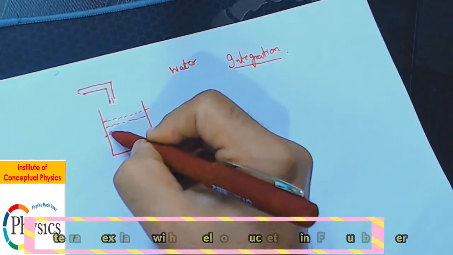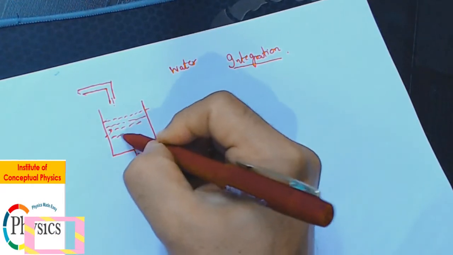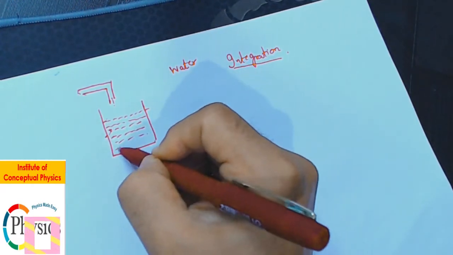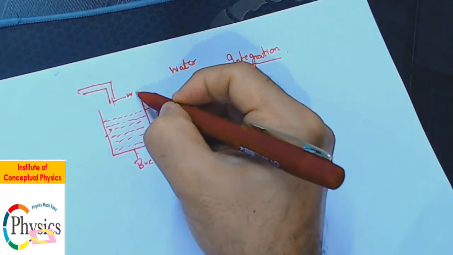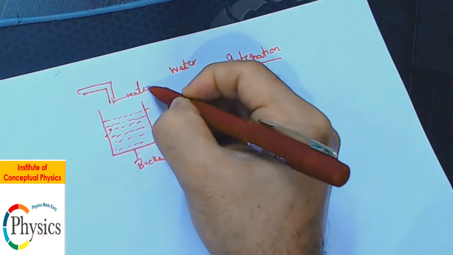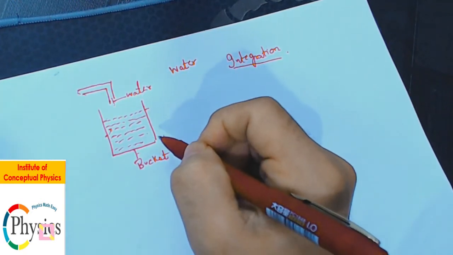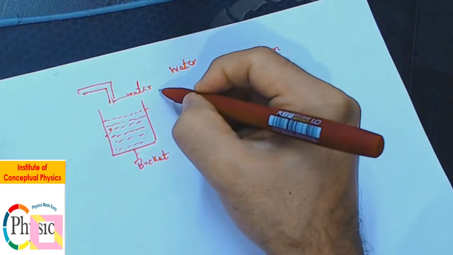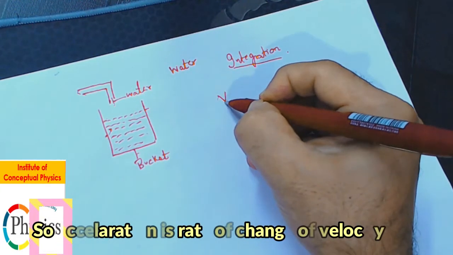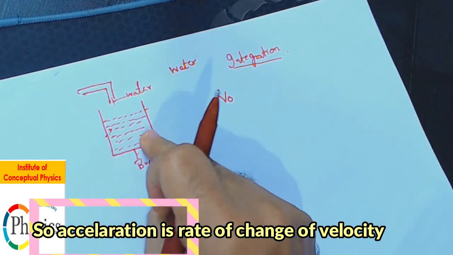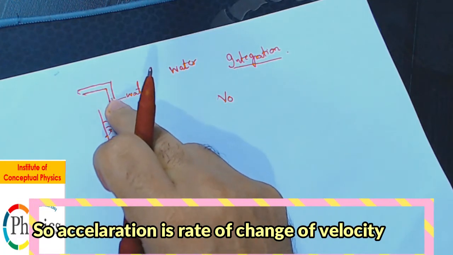So that's your bucket, and that gets filled up with the help of this tap, and this water is coming in. All right, so initially, before the water started filling this up, the bucket has a volume V0, okay? So that's the volume when the water is not coming down.